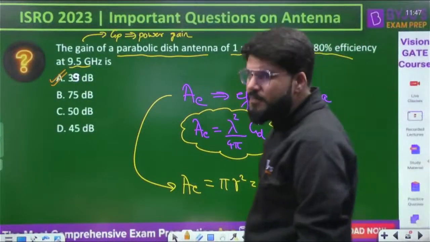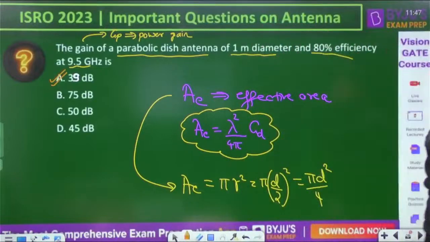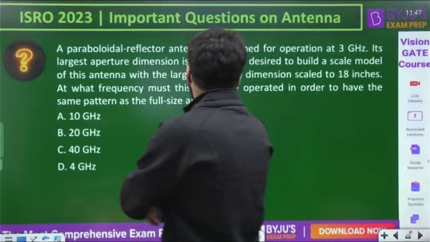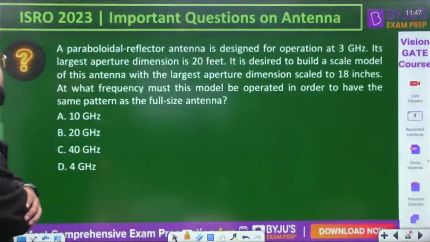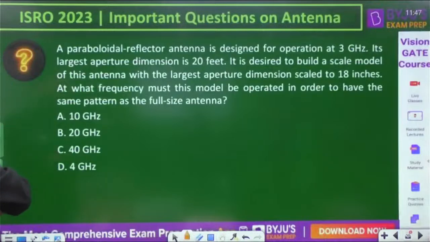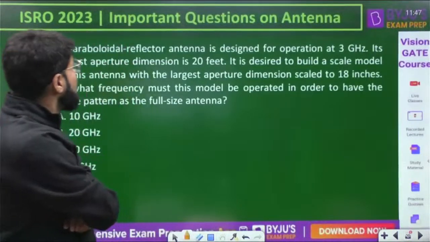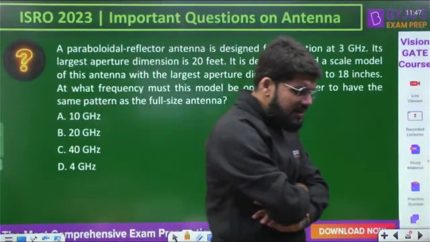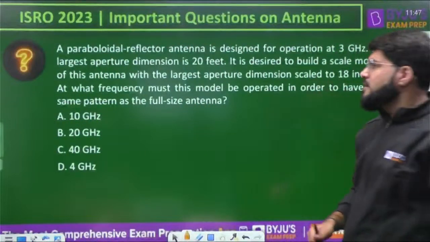Next question then. A paraboloidal reflector antenna is designed for operation at 3 gigahertz. Its largest aperture dimension is 20 feet. It is desired to build a scale model of this antenna with the largest aperture dimension scaled to 18. So what is the largest dimension for any reflector antenna, dear?